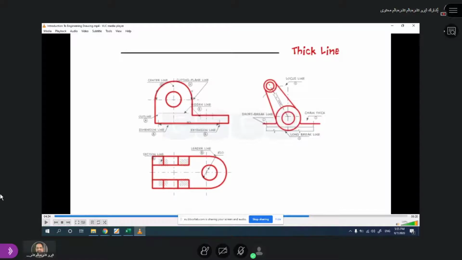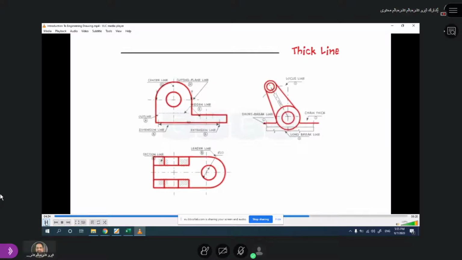You should not make this line darker when you make the hidden lines and other lines. So clearly, the line should show this is the boundary, this is the edge of this component. That we call a thick line, as you see in the video.